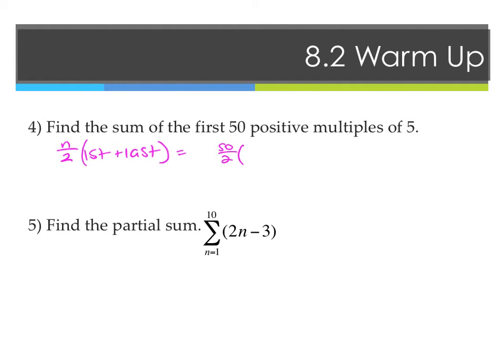What's the first multiple of 5? 5. What's the 50th multiple of 5? 250. So 50 times 5, sorry. So I'd get 25 times 255, and I get 6,375.